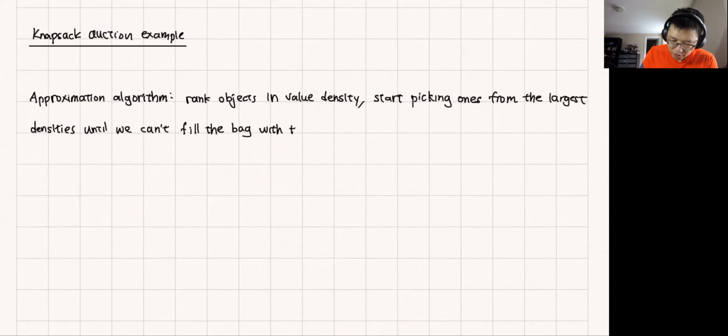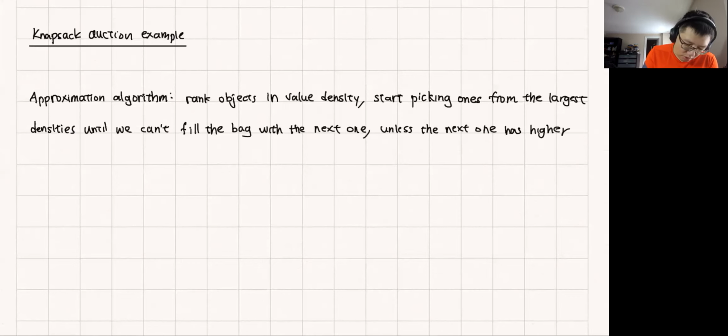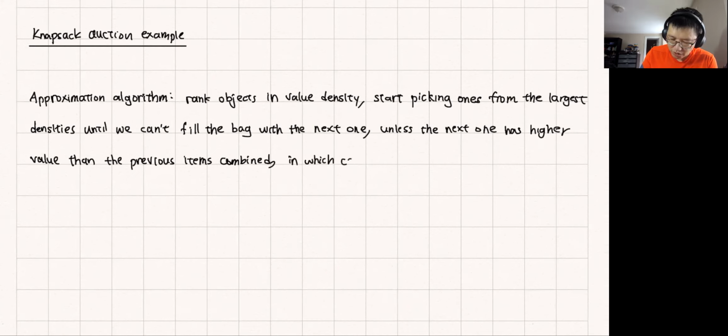With the next one, unless the next one has higher value than all the previous items combined, in which case we just pick this one only.